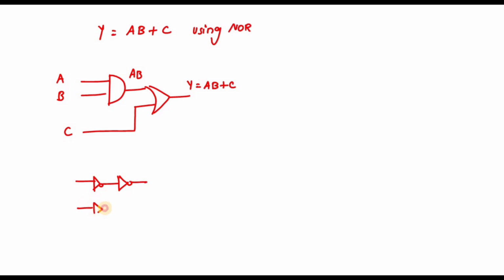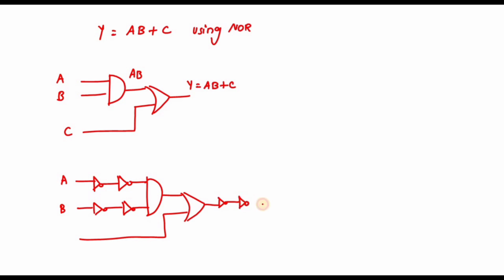So if you add two inverters at the input of the AND gate, it becomes a NOR gate. Again, you can see the bubble should be at the output of the OR gate. So I am going to add two inverters at the output of the OR gate.